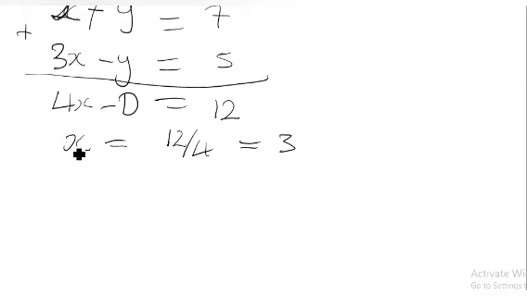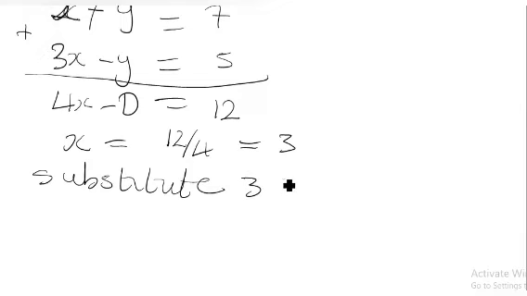So let's substitute 3 for x. You can do that either in equation 1 or equation 2. So here I'll choose equation 1. In equation 1, I'll have 3 plus y equal 7.